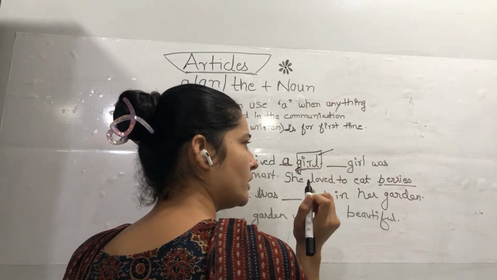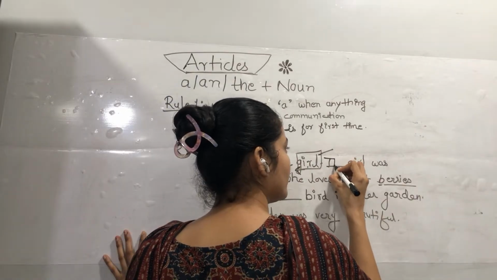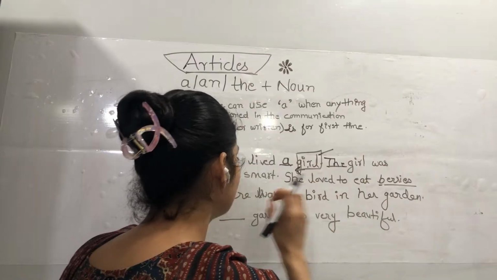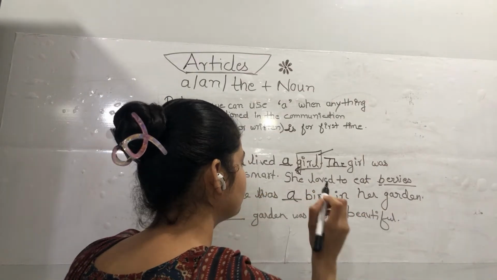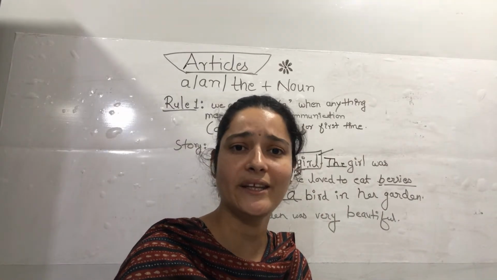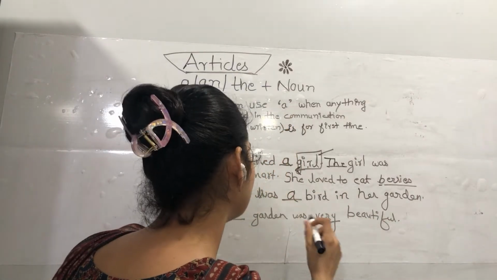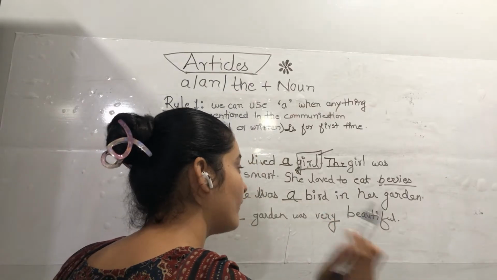Now I know which girl they're talking about. They have already talked about her, so I will use the. The girl was very smart. She loved to eat berries. There was dash bird in her garden. There was a bird. If you don't know anything about it, simply put a. And if you are aware of it, if I mention this bird again here, then you have to use the.